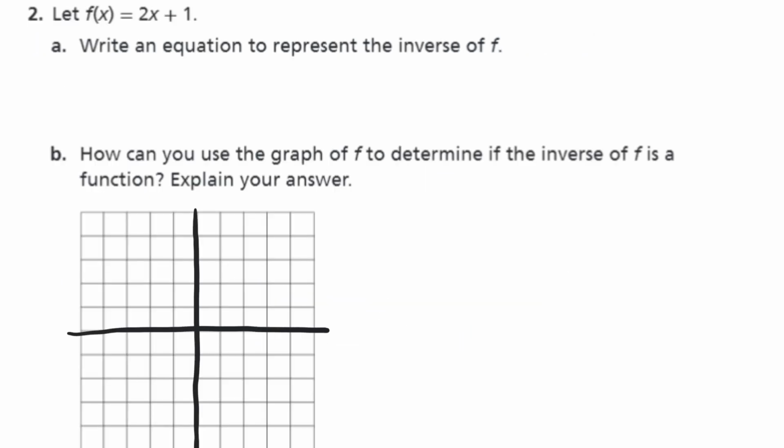Okay, as we take a look at this, what it says is let f of x equal 2x plus 1. And then it tells us to write an equation for the inverse of f of x. Well, very simply put, the way we find the inverse, which is f of negative 1 of a function, is we simply exchange the x and the y value, or in this case, the f of x.